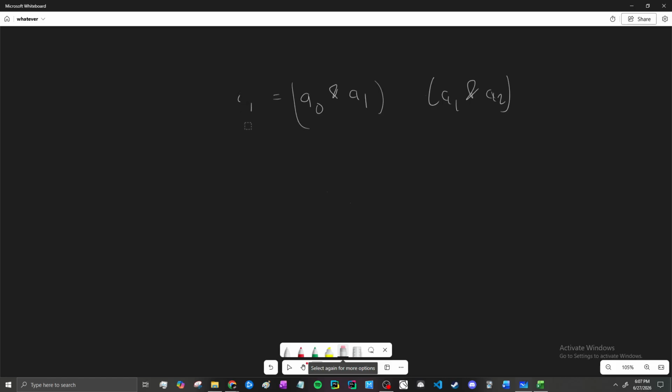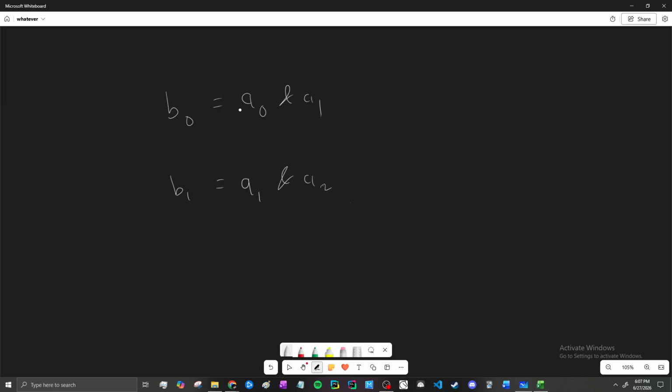Wait, I think I'm writing it wrong. So remember that B naught is A0, 1, 2. So you can kind of put, well, I guess solving for A1 is just, how do you even solve for this?